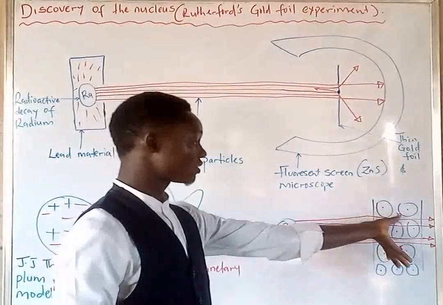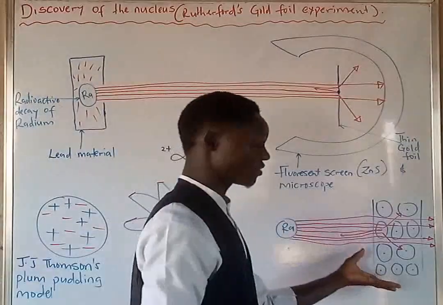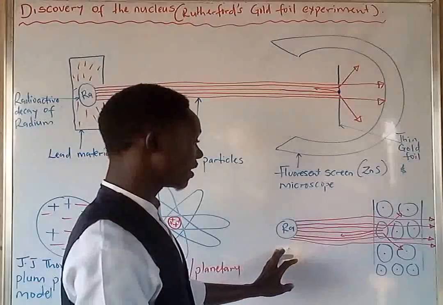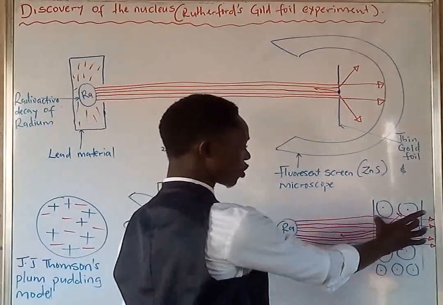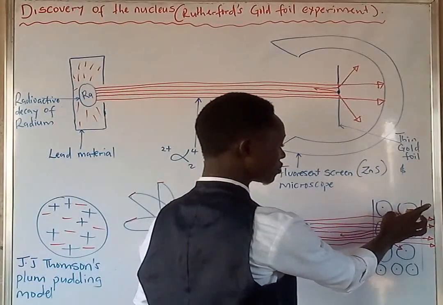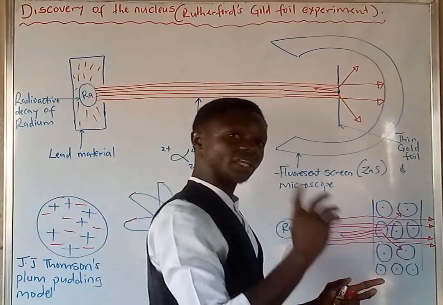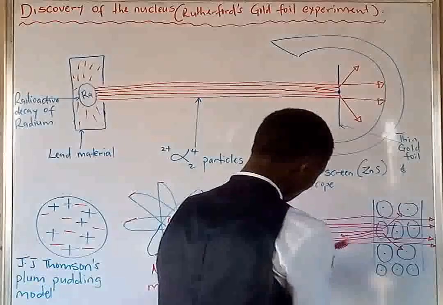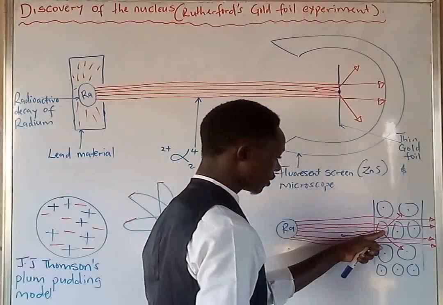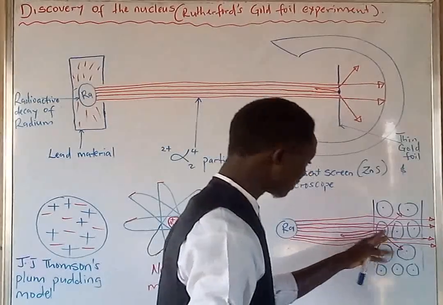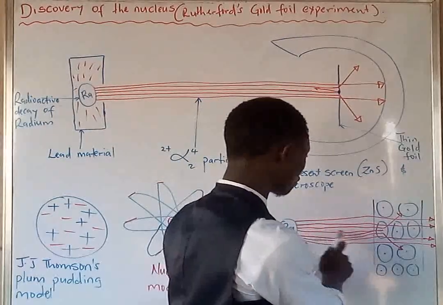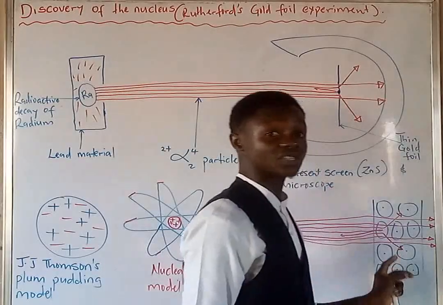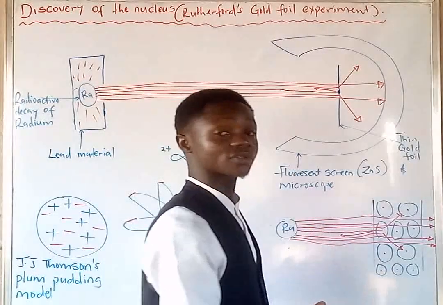This image will make everything much clearer to us. As you can see, this is the radium element. Now, on bombarding the gold foil, which consists of about 2 to 3 atoms looking at the width of it, you can see that for the alpha particles, the ones that bounce back, it is because they hit this very dense center, which they call nucleus.